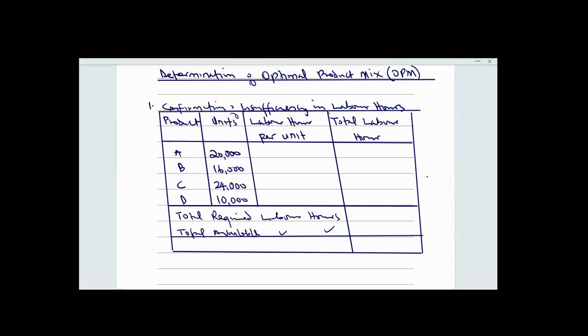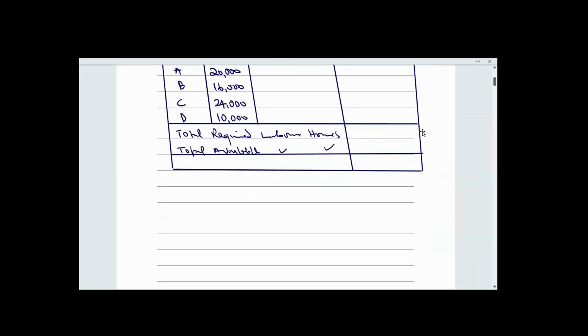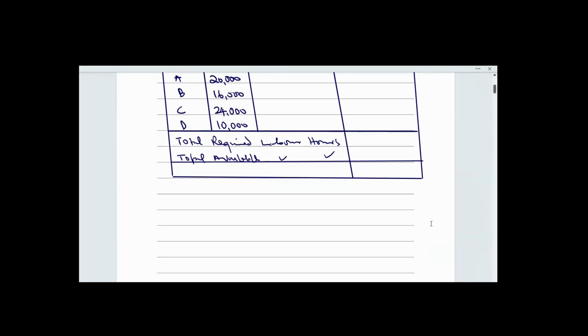Now, like I mentioned earlier when I was explaining the concept, the key factor per unit will not be given to you in most cases. You are the one that will determine it. Therefore, how do you calculate the key factor per unit? Because the examiner has told us in the question that labor hour is limited to 300,000, you need to determine labor hour per unit. And that labor hour per unit is not given in the question.